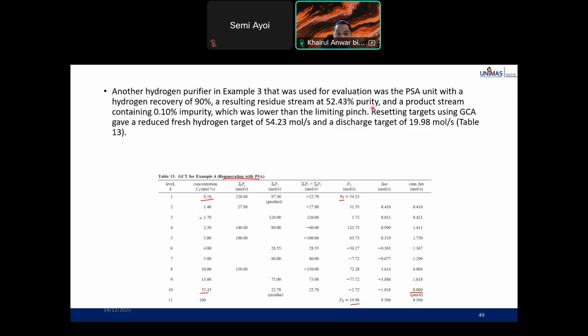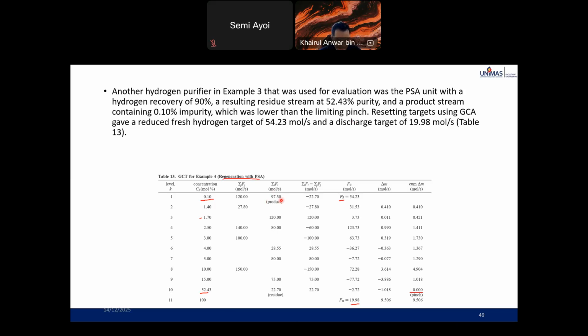By using PSA, the purity is 0.1% compared to example 3. The hydrogen percent resulting still stays at 2.42%. The residue of 52.71%, divided, the product wise.